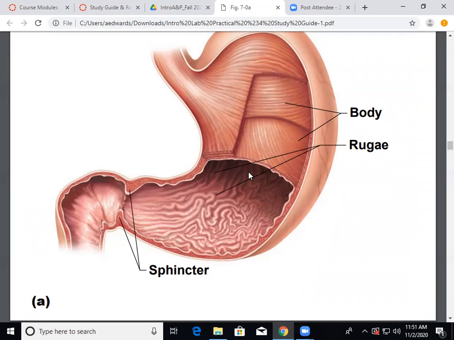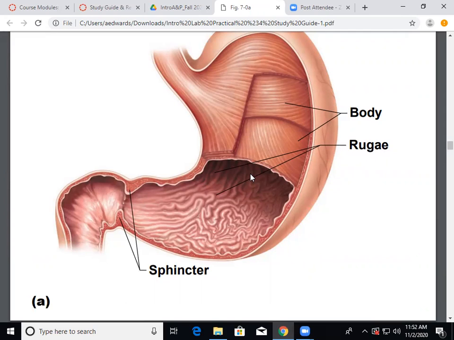It also helps so you don't have just a rush of acid, because your stomach has a lot of acid to break down your food, and you don't want all of that acid running down into your small intestine at any time. So it typically stays closed while you're digesting your food, and then when it's time to move your food out, it opens.